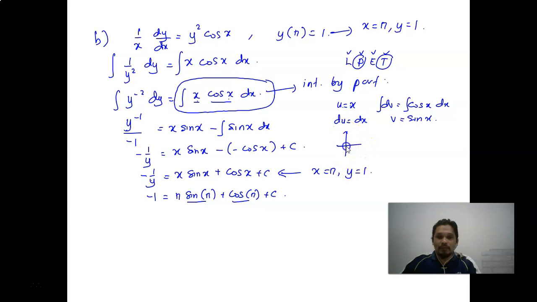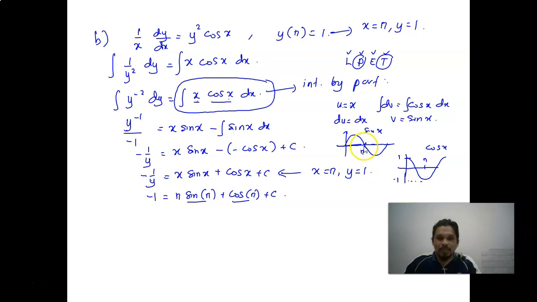This is a graph of sine x, where this is the value of pi, and this is the graph of cos x, with 1 and also negative 1.